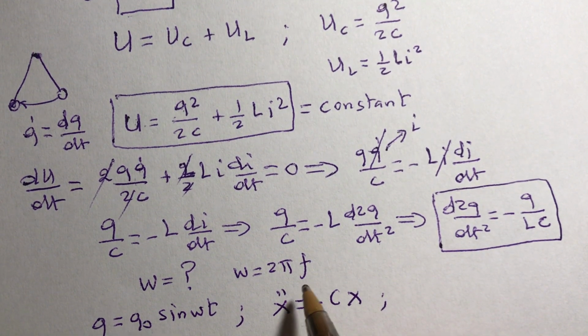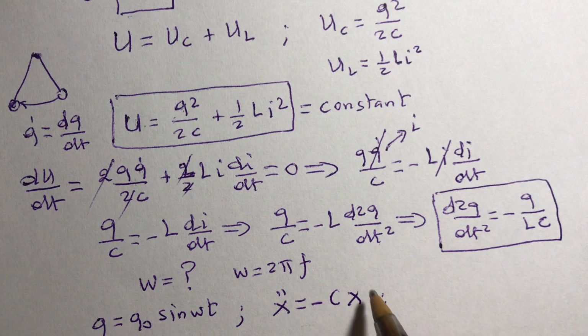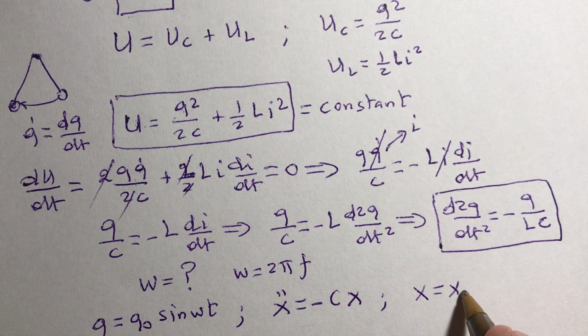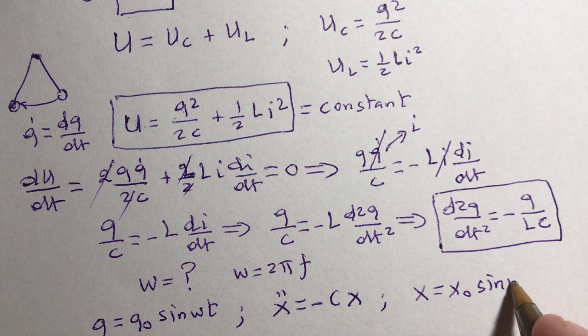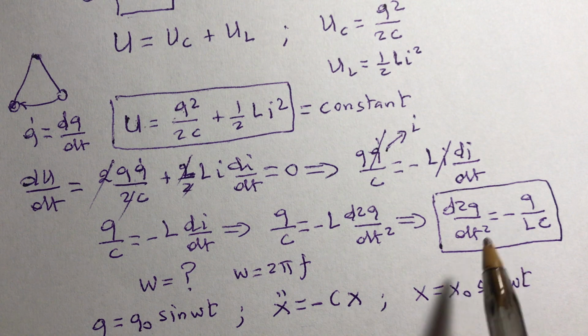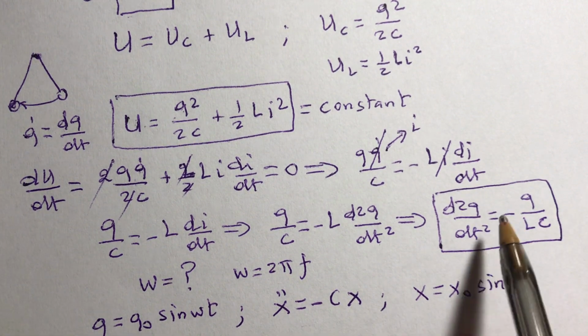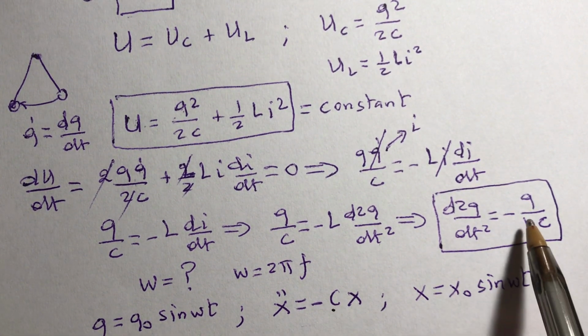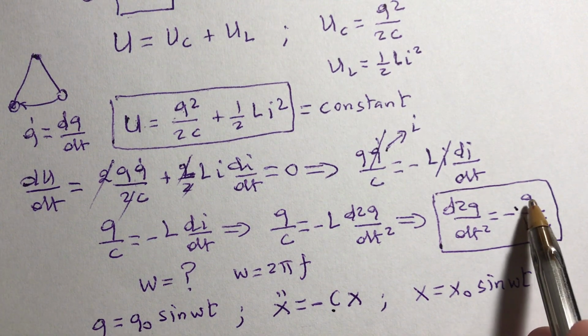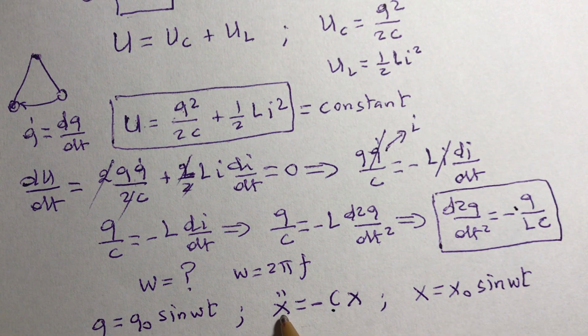When you see a differential equation that looks like this, that's an oscillation. A solution will look like this: x is equal to x0 sine omega t or cosine omega t. So that's why you can see this and this look the same. You have a constant, here the constant is 1 over LC, and then you have this Q variable, and then you have the second derivative of the variable.